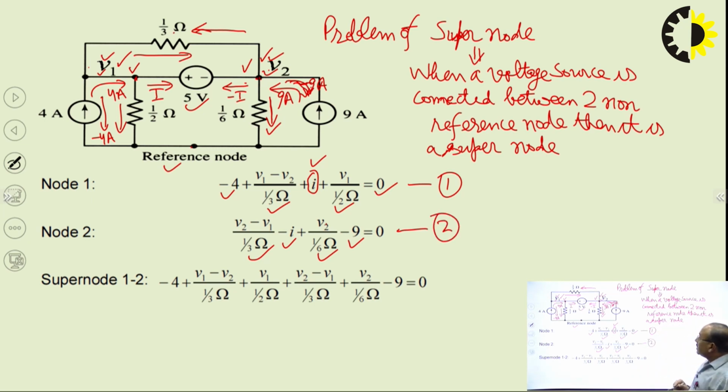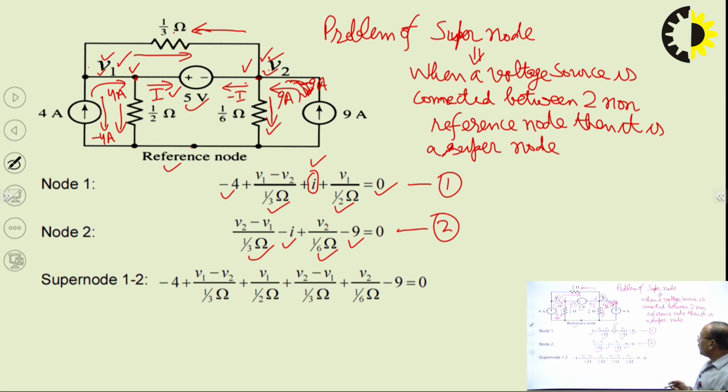Now, this current I we cannot find, reason being there is no resistance connected in this branch, and V1 and V2 form a super node. We know this since V1 and V2 are non-reference nodes, and a voltage source of 5 volt is connected between these 2 non-reference nodes, that is why it is a super node.